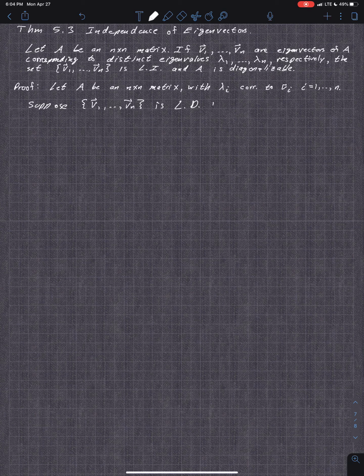Then at least one v sub i is a linear combination of the other vectors.